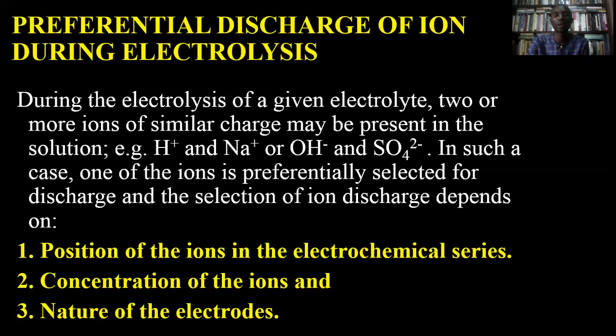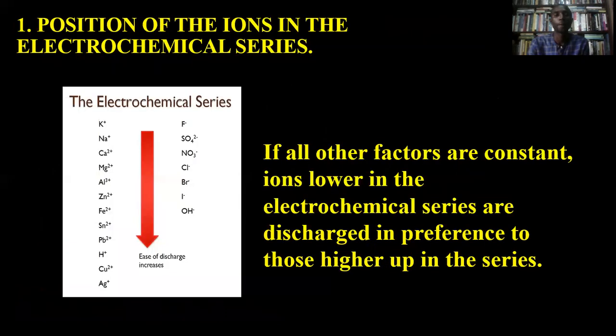Now let's take them one after the other briefly. The electrochemical series, as we said in our last class, is the arrangement, in order of reactivity, of metals or ions, cations and anions.